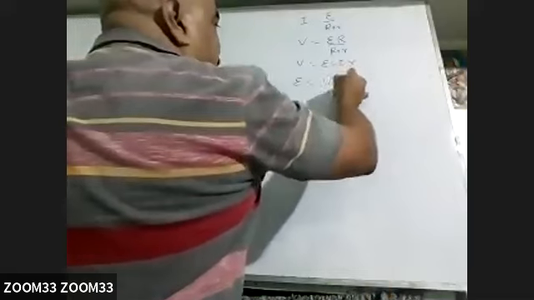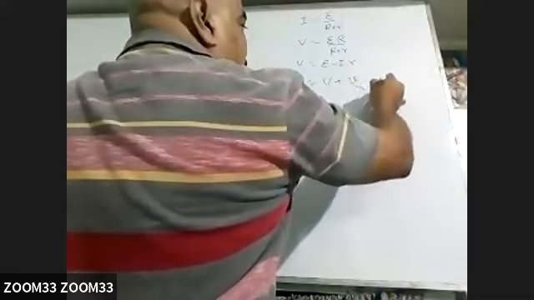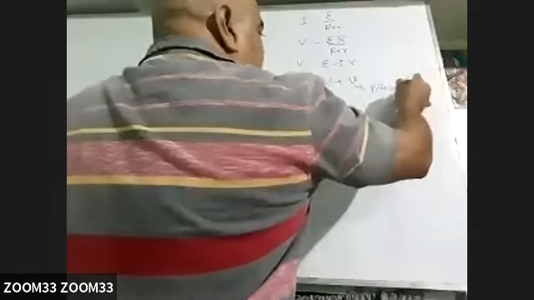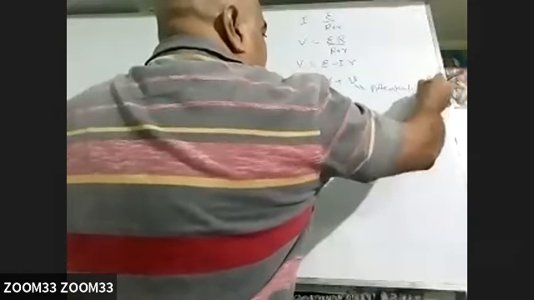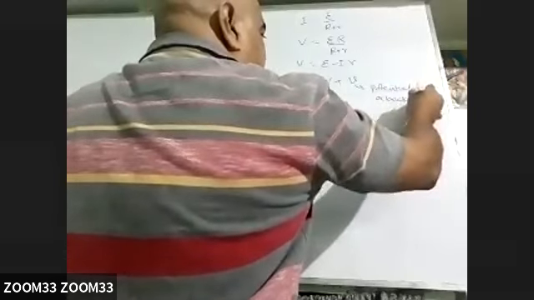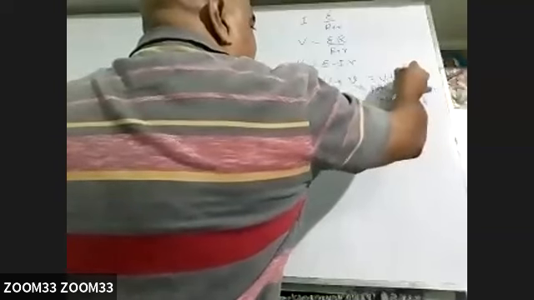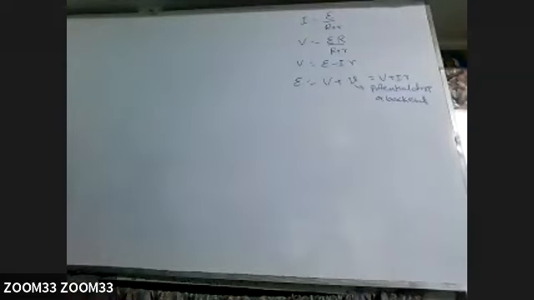E is V plus v, and this v we call potential drop or back EMF. This was V plus I into small r. So these are the relations we derived yesterday.